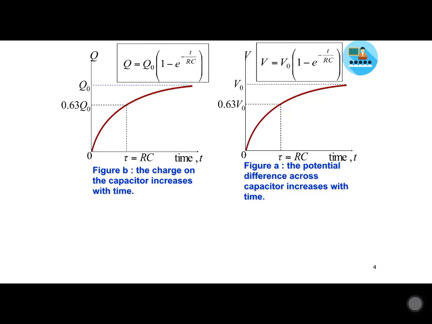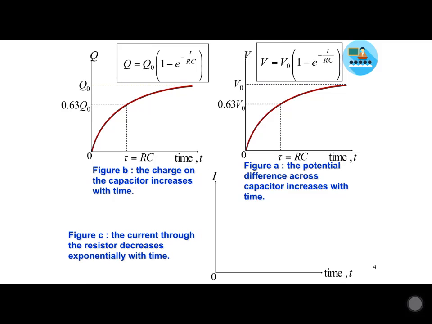And as the charge and potential difference increase, the current will decrease up to no current flow when the potential difference is maximum. So the graph that represents the current for a charging process is decreasing over time. And we have it as I equals I naught exponential negative t over RC. And it is decreasing over time as the capacitor is charging up to a maximum potential difference.